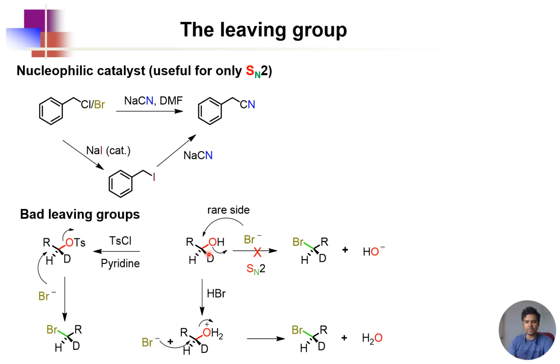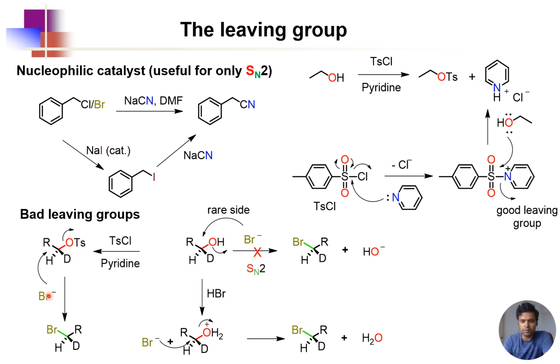In this case you can stop racemization, but in the other case you may have racemization depending on the R. If R cannot stabilize the carbocation, then there is no need to worry. If R can stabilize the carbocation, then you really need to think about which pathway you should take.